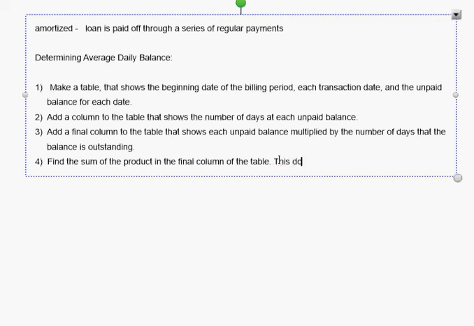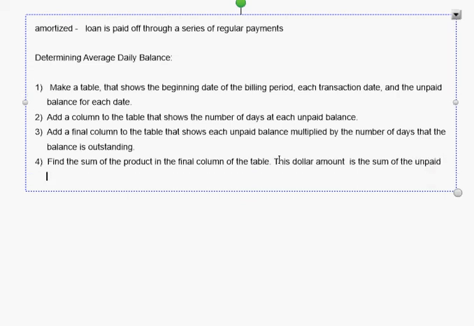This dollar amount is the sum of the unpaid balances for each day in the billing period.